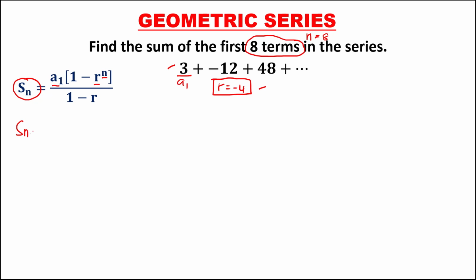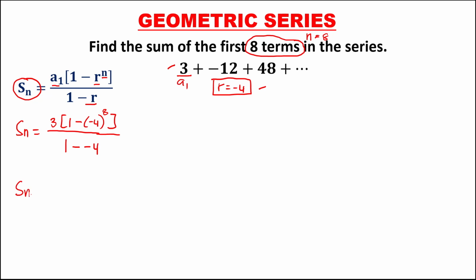So we have the sum of the series equals a sub 1, that's 3, times 1 minus the common ratio, which is -4, to the power n, which is 8, over 1 minus, again the common ratio, -4.